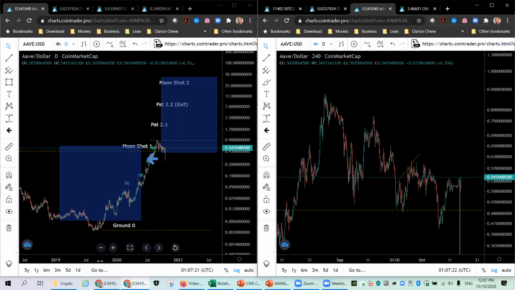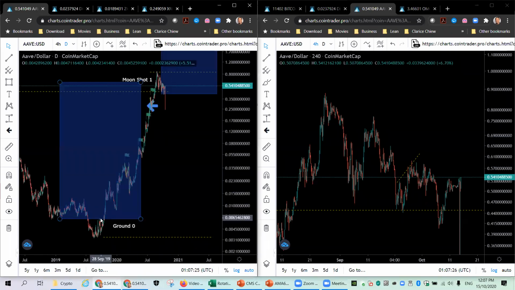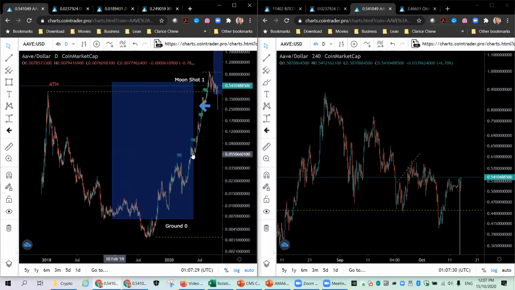Now I am comparing against one of my latest methods, which is to compare against its full cycle.